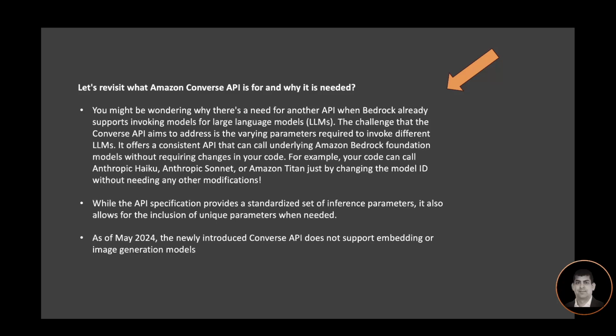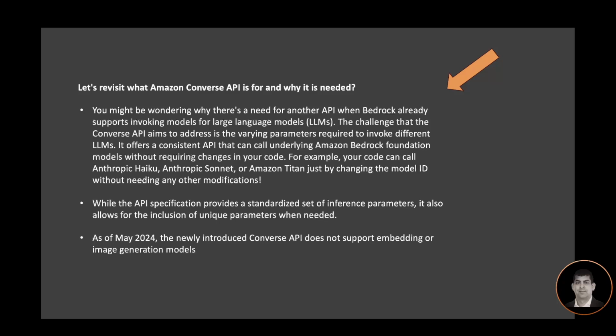It offers a consistent API that can call underlying Amazon Bedrock Foundation models without requiring changes in your code. For example, your code can call Anthropic Haiku, Sonnet, or Amazon Titan just by changing the model ID without needing any other modification in your code.